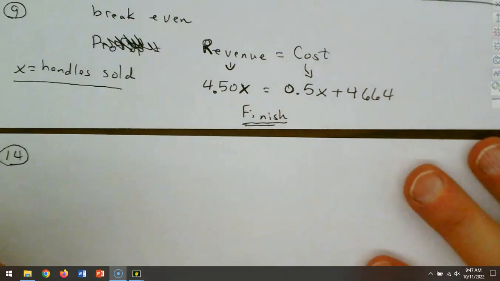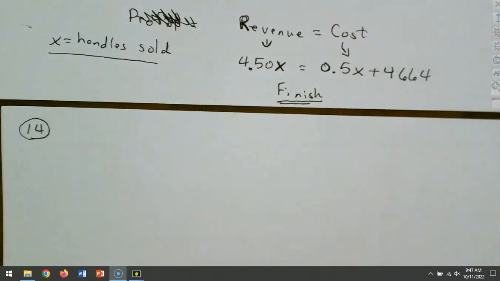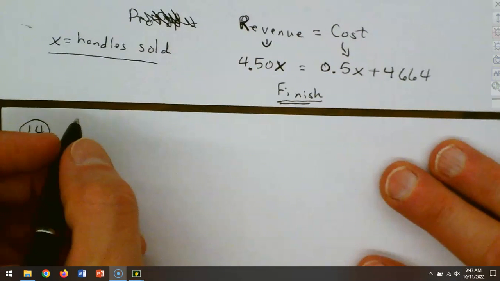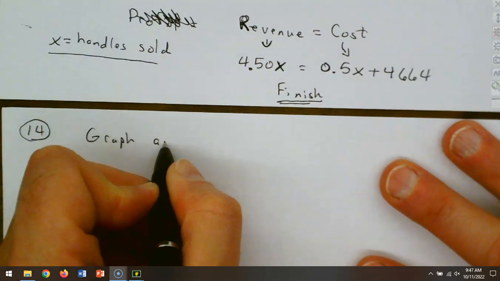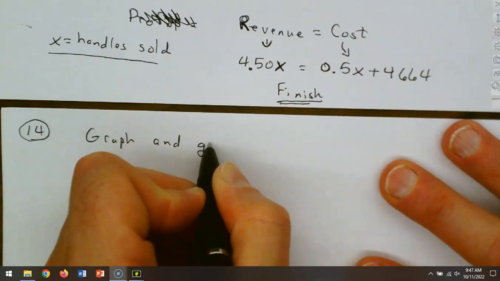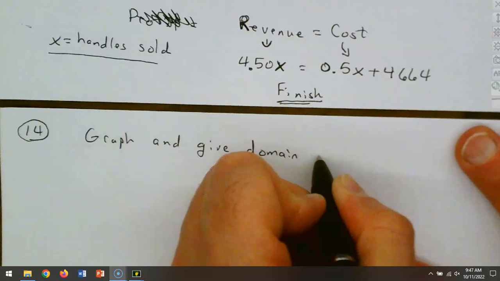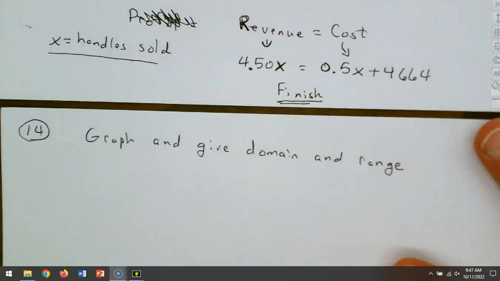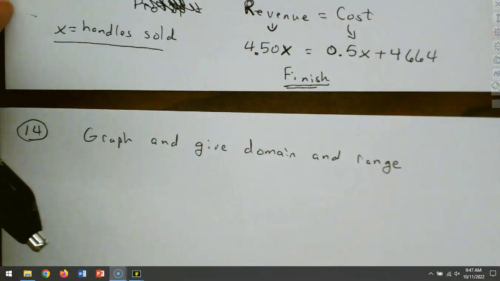I should have been more careful and provided you with a place to graph it there. But question 14, I want you to graph it and give the domain and range. And I didn't give you a graph to graph it, but you can add one to the side.